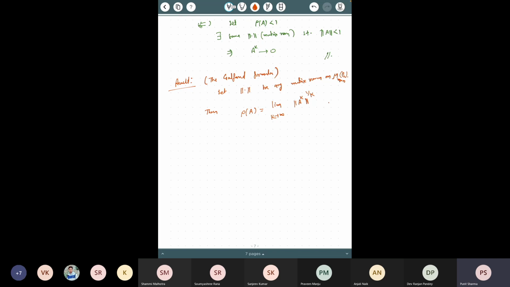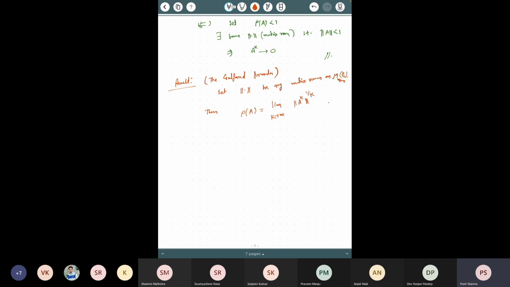So without calculating the eigenvalues, what is the use of this result? This result says that this is true for any matrix norm. So if somehow finding the matrix norm of a matrix is easy, for example, in some cases the matrix norm is just the largest column sum or largest row sum.